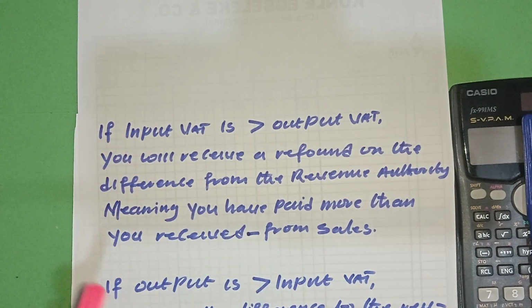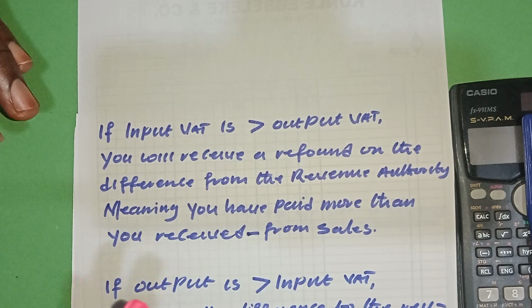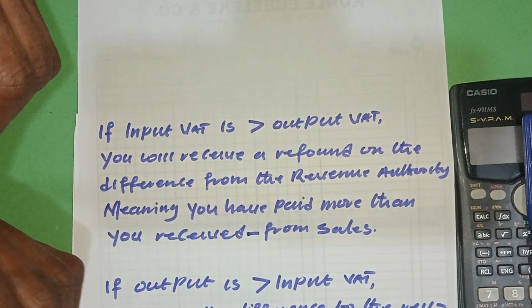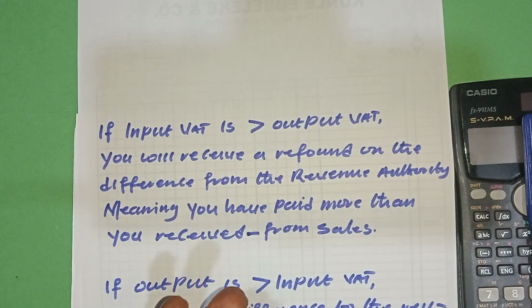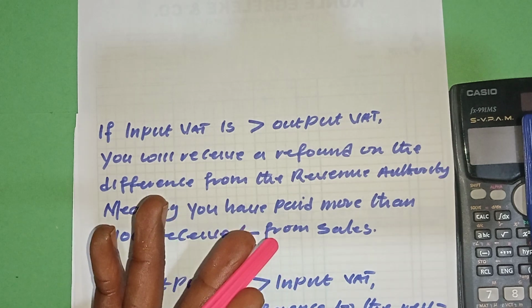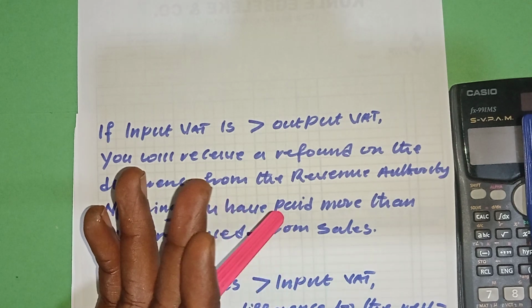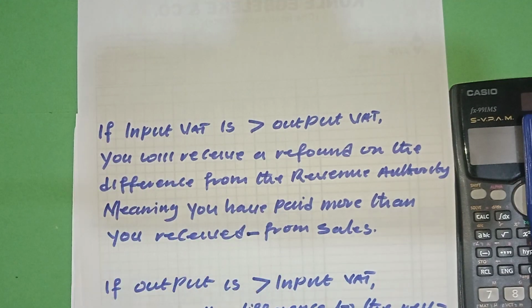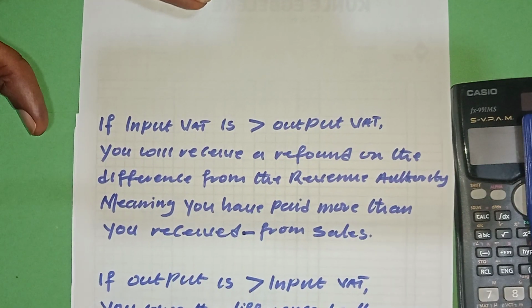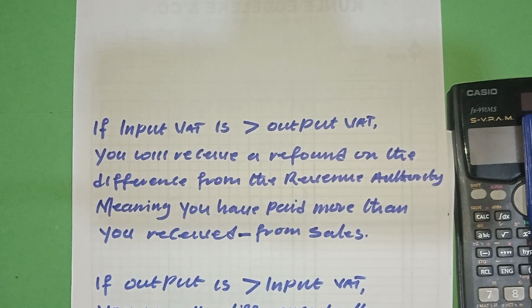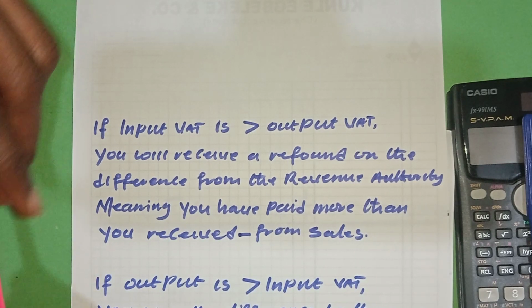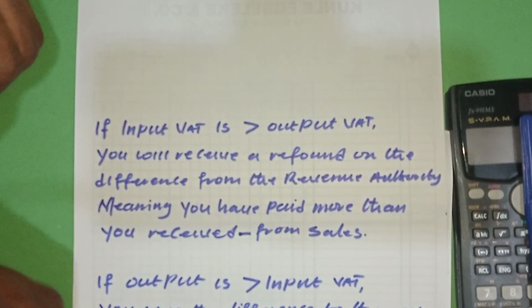When your input is higher, the revenue authority will give you the balance. They can refund you by cash, by credit, or by both. But if cash is no longer feasible, I don't think they can refund with cash again. It's by credit.